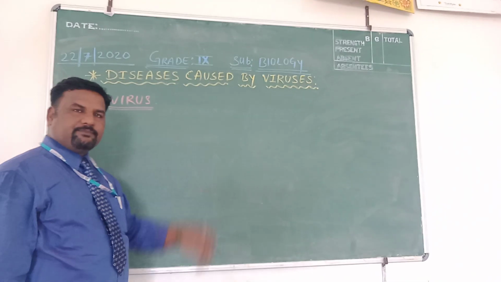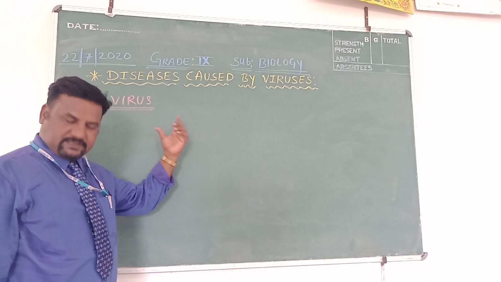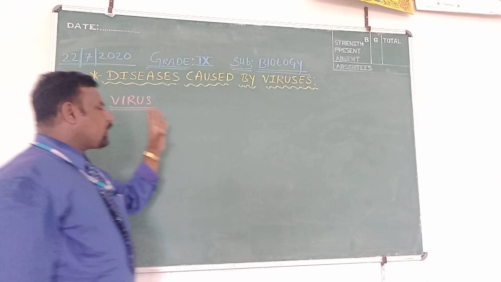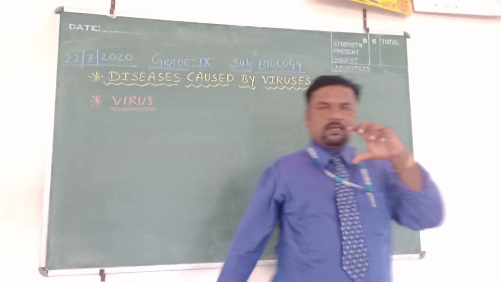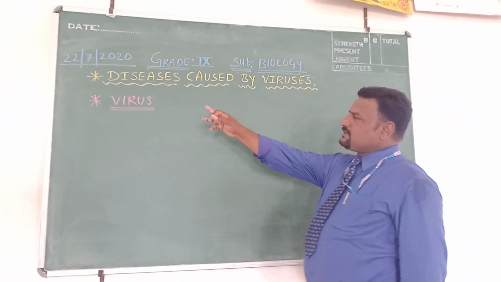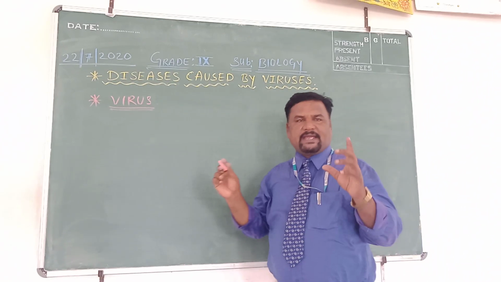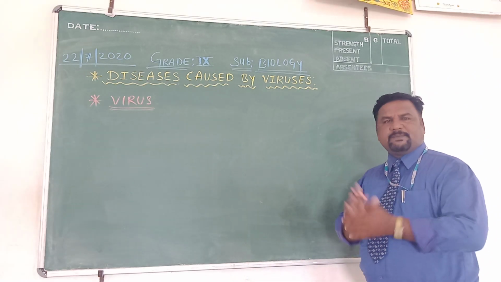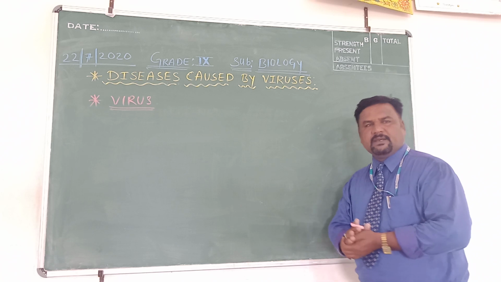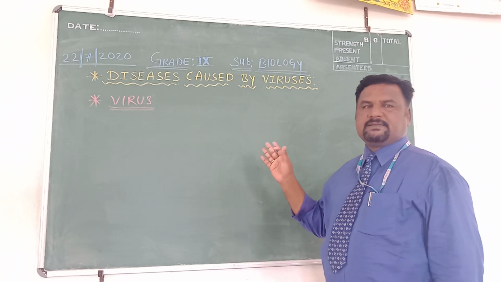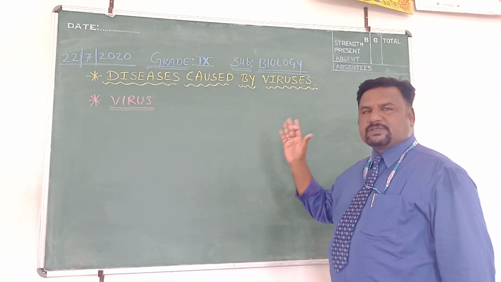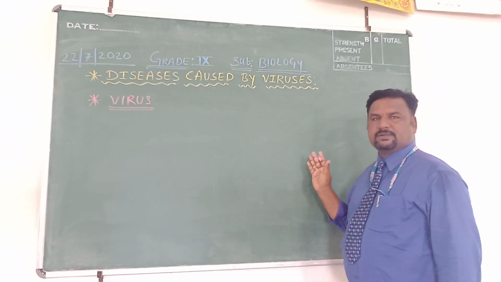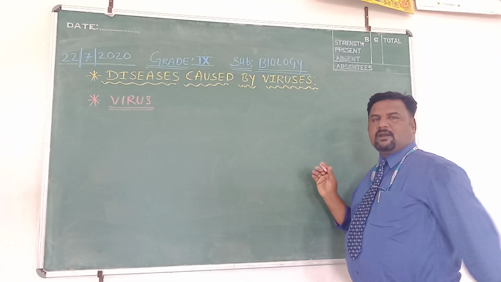Virus is a Greek word. What's its meaning? It's a poisonous fluid, a toxic fluid. And virus is considered the borderline between living and non-living. Why? Because when the virus remains outside the body of any living host, it acts as non-living.